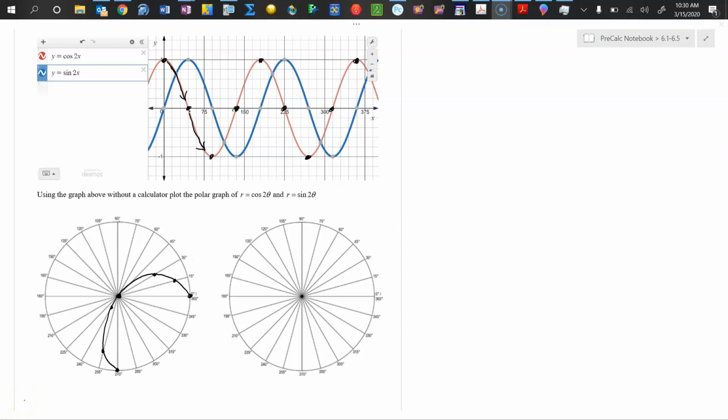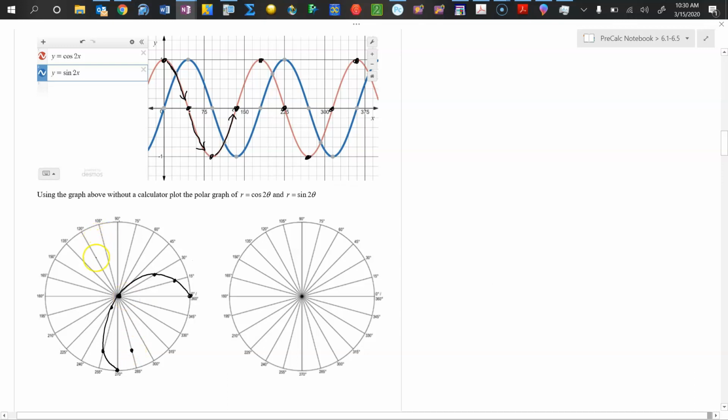Now for the interval from 90 degrees to 135 degrees, as you can see from the graph up above, r is at -1 at 90 degrees, but approaching 0 at 135 degrees. So we go to 105 degrees, for example, and we can see that r is close to -1, so we plot a point close to 1 unit away, but in the opposite direction of 105 degrees.